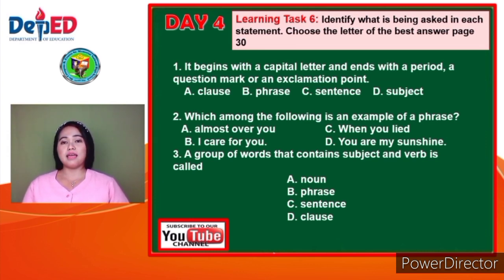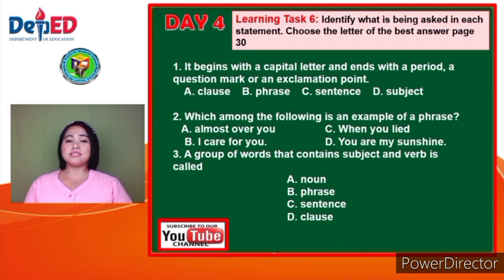C. Sentence. Or D. Subject. Number 2. Which among the following is an example of a phrase? A. Almost over you. B. I care for you. C. When you lie. Or D. You are my sunshine.